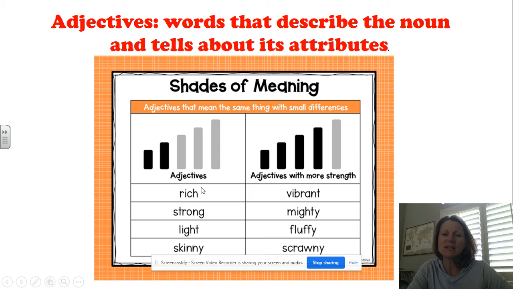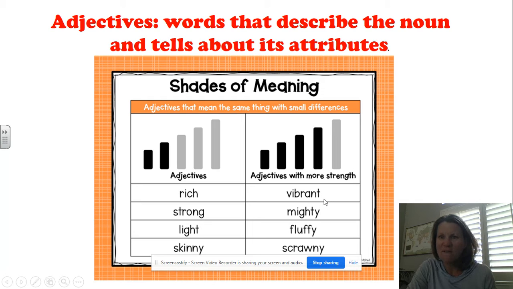Rich can mean you have a lot of money, or in this case, it can also mean very, like a lot. You could say the color is very rich, which means the color is really clear and you can see it really well.